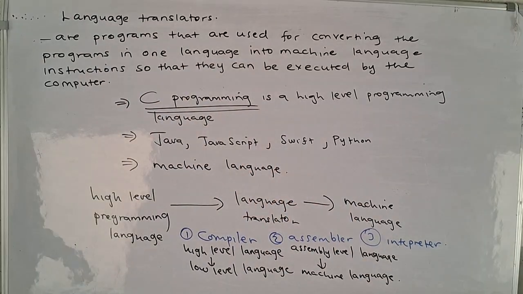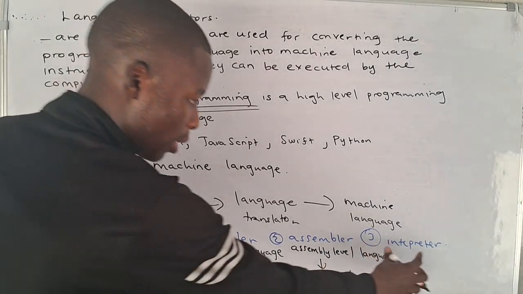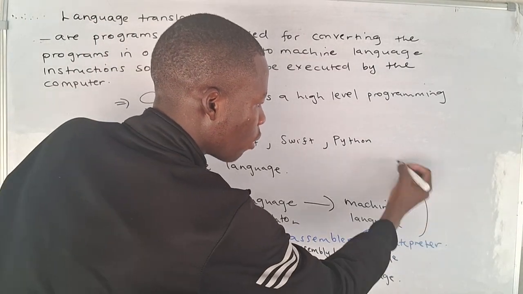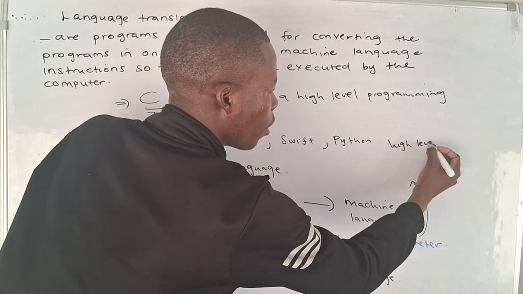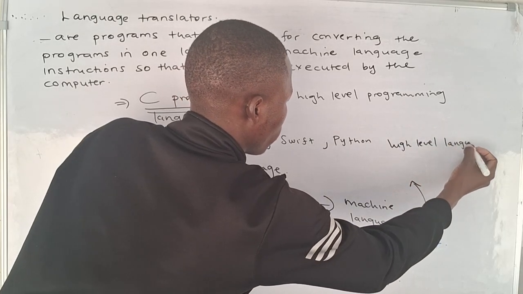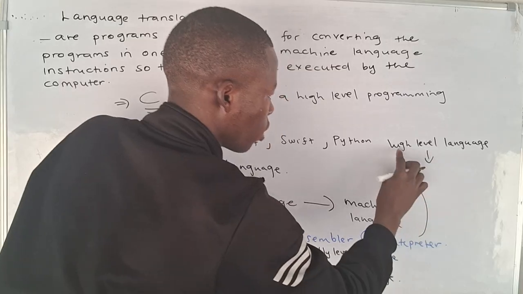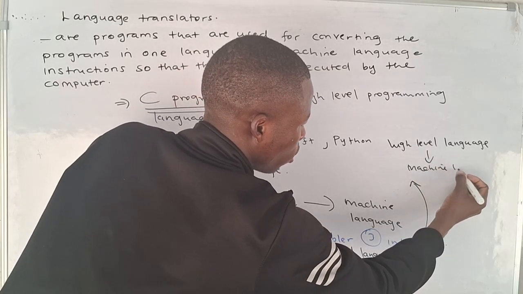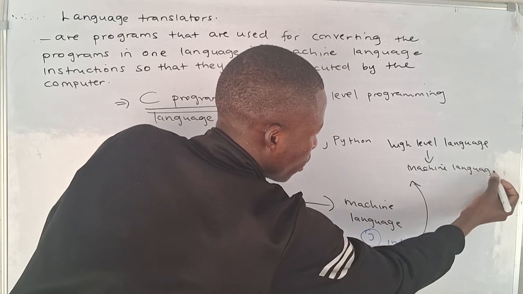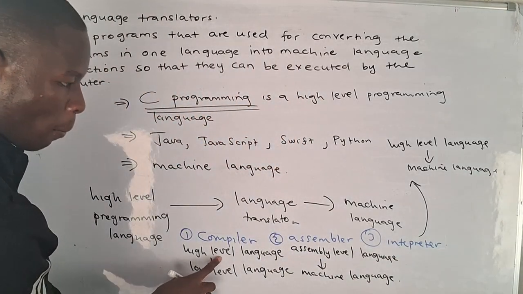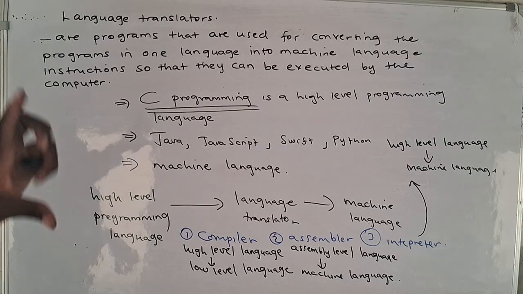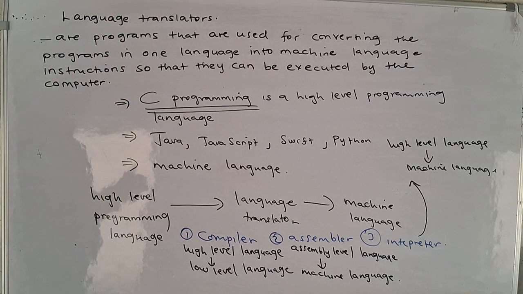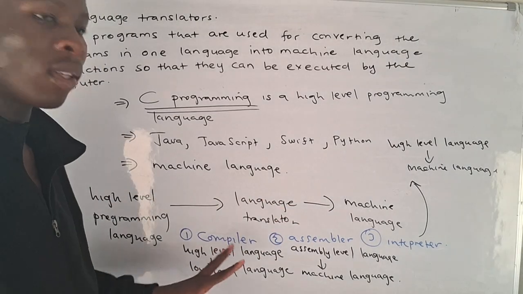What about the interpreter? The interpreter again is going to convert high level language to machine language. So these two, the interpreter and the compiler, convert high level language to machine language, but the way they do this is different.